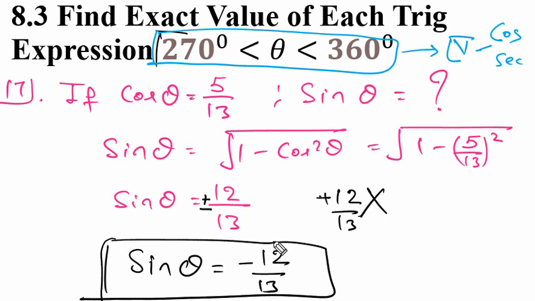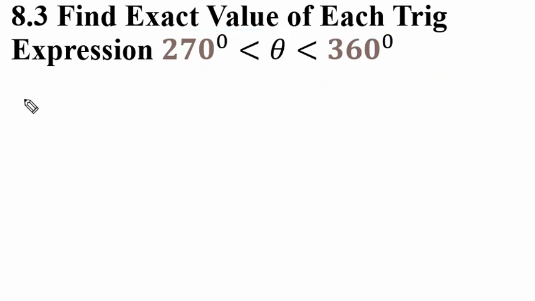So when you see option A, 12 over 13, and you select it, you will get 0 marks. You will ask why I got 0 marks. Because this is quadrant 4, so you have to take care of the quadrant. I've been telling this multiple times in previous videos also. Now let's quickly solve the remaining questions.